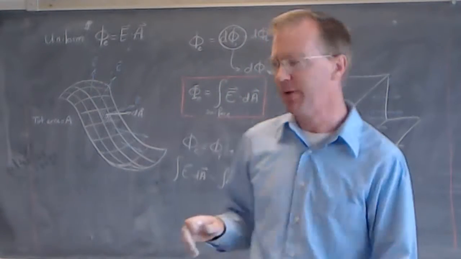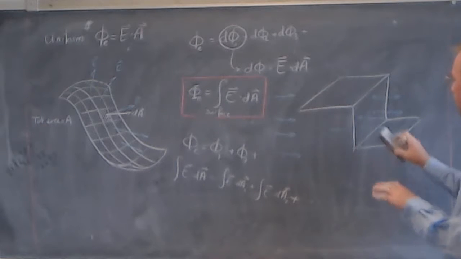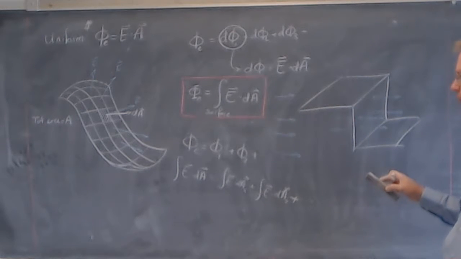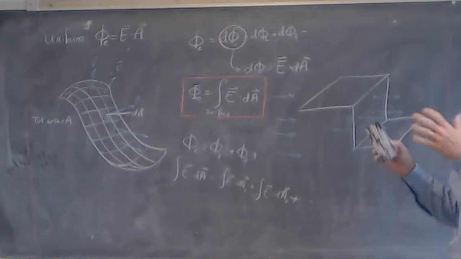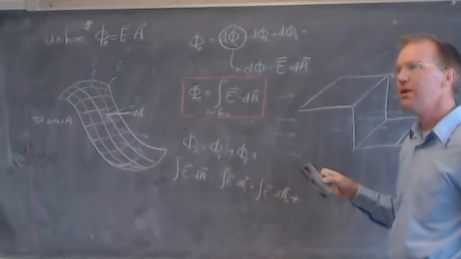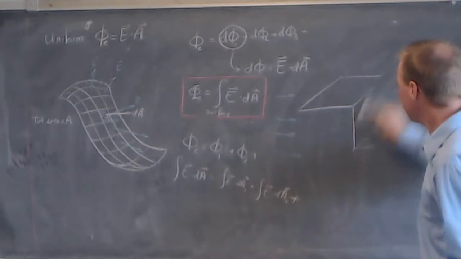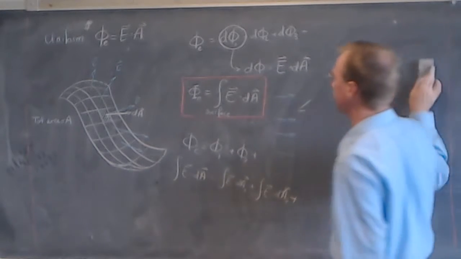Now, that brings me to handling, if we can add up different sections of the surface. Well, we can make a box, we can make a sphere, a cylinder, a can, or something like that. We can completely enclose a region of space, what's called a closed surface.